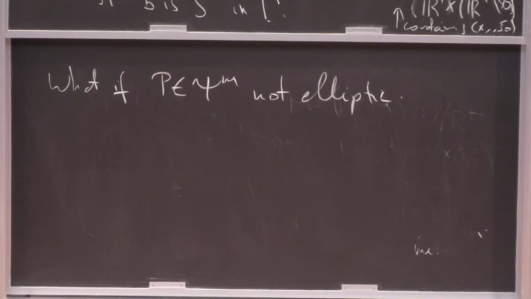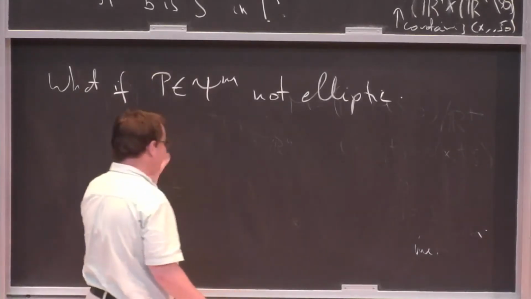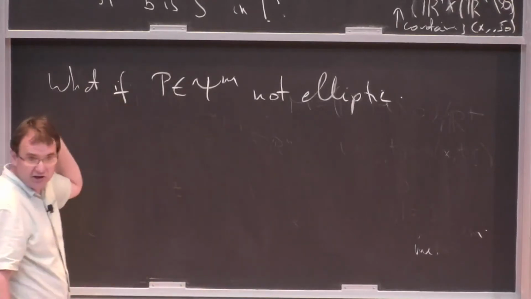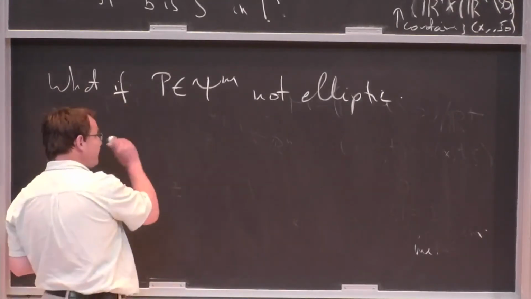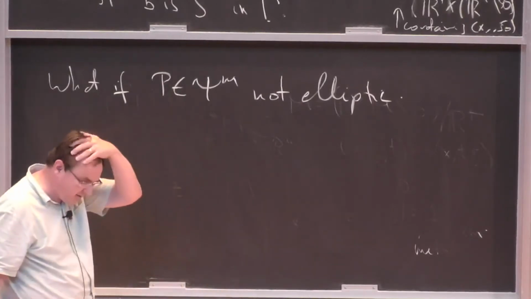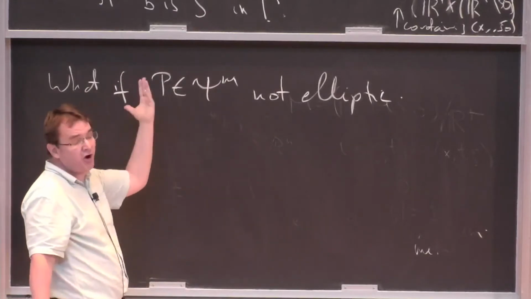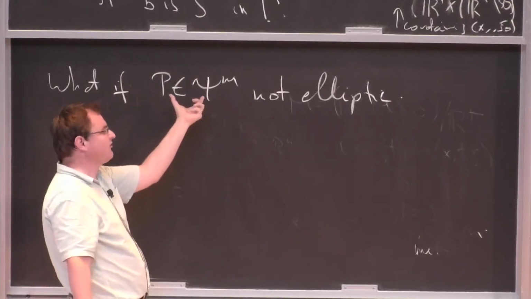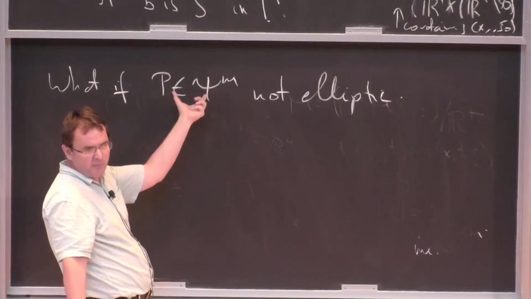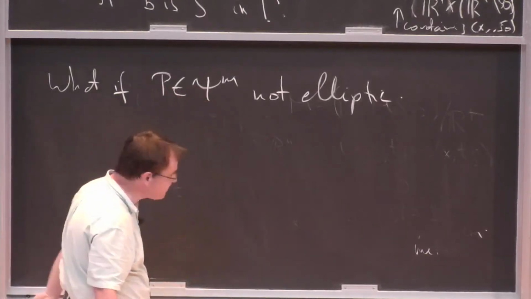What's the next step from being not completely nice? Remember, in this compactified version, ellipticity is equivalent, in homogeneous language, to the statement that the principal symbol is non-vanishing, because we made the principal symbol homogeneous.